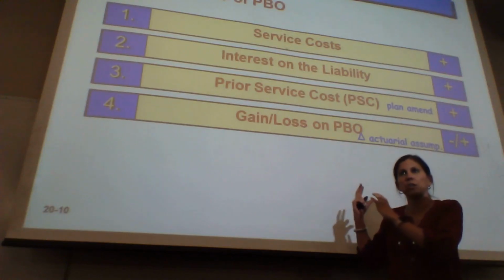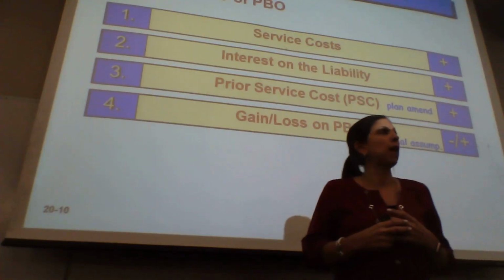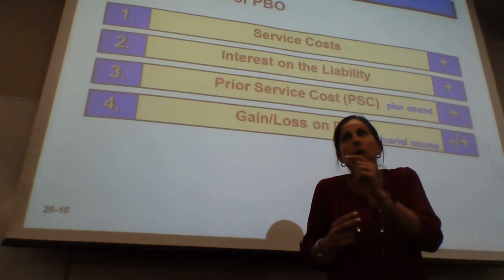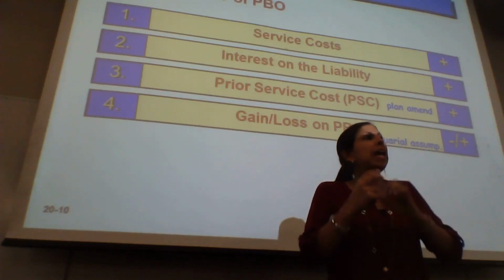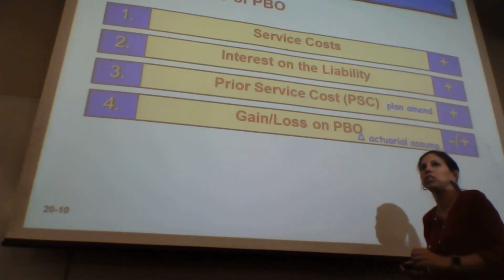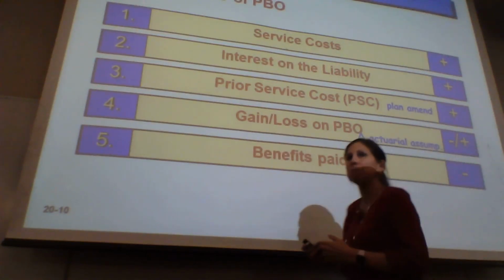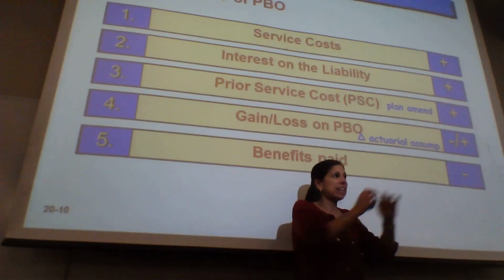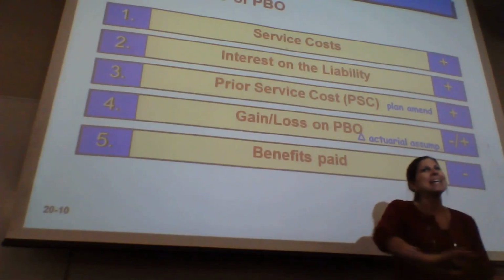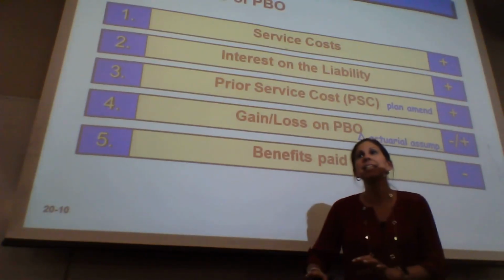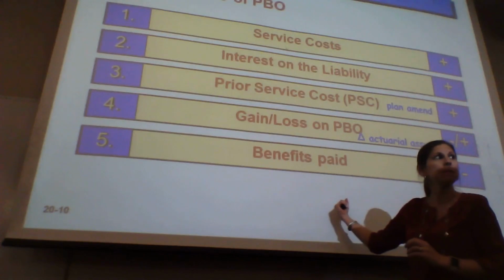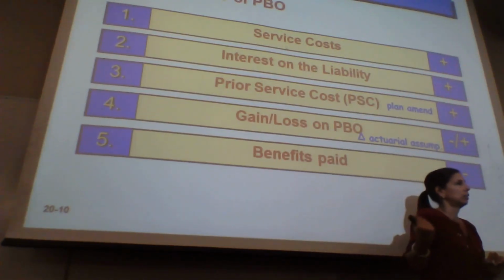We'll have to capture those in the obligation as well, because if we change one small component of the actuarial computation, it can shift what our future obligation might be. And the last component is benefits paid. As that third-party financial institution pays out the retirees, that reduces our liability, our overall obligation.